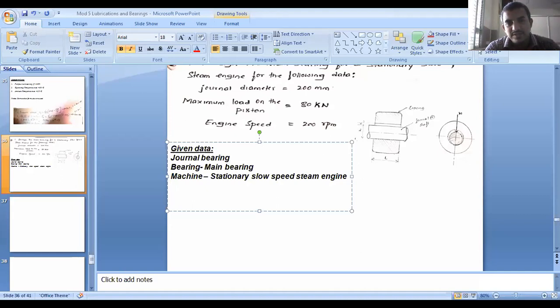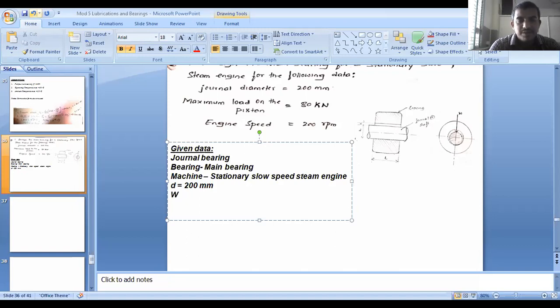Given data: type of bearing is the journal bearing. In that, what type of bearing is it? Main bearing. What type of machine? Stationary slow speed steam engine. Next, the journal diameter, represented as small d. Small d is 200 millimeter. Next, the maximum load on the piston, which is transferred to the shaft.